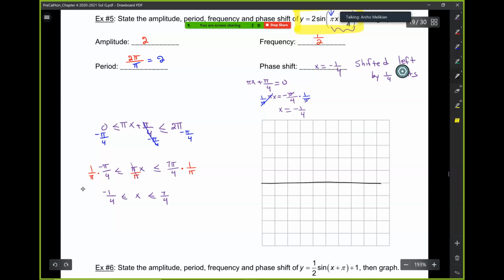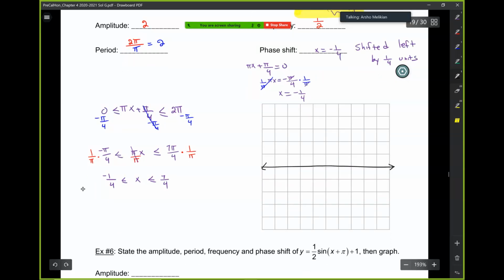That is the beginning and ending of the cycle. So this is the starting point. I put it right there. And then I go 1, 2, 3, 4, and I put the ending point, 7 over 4.